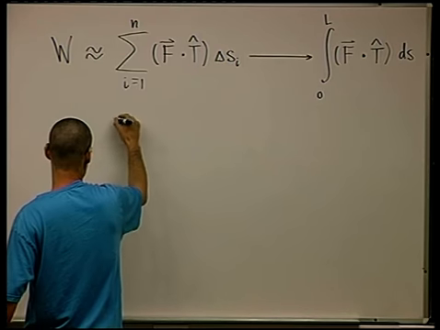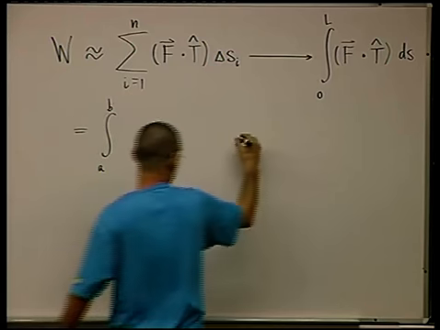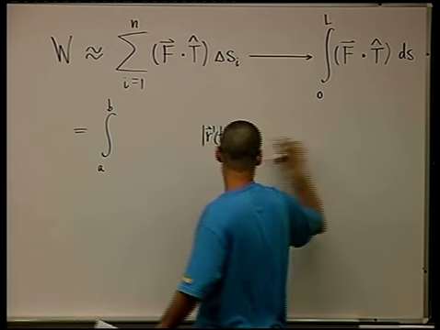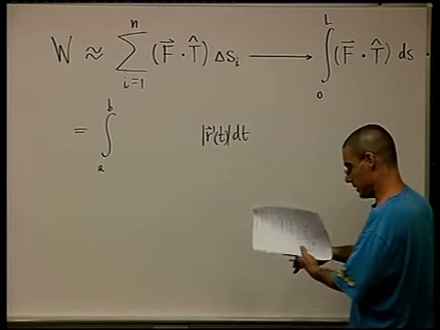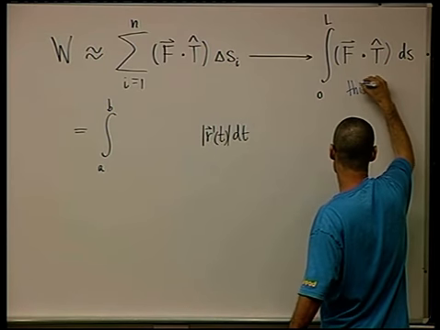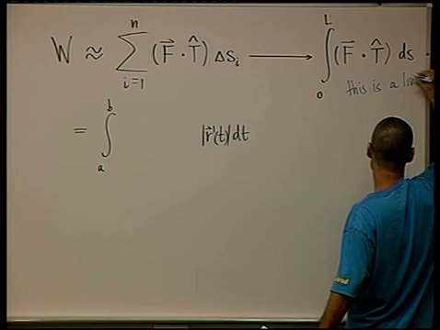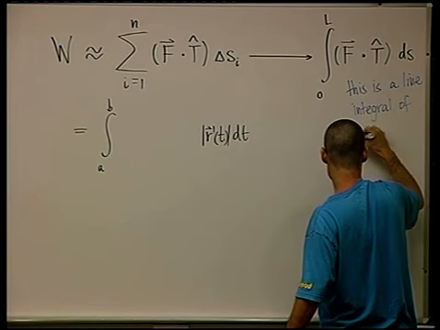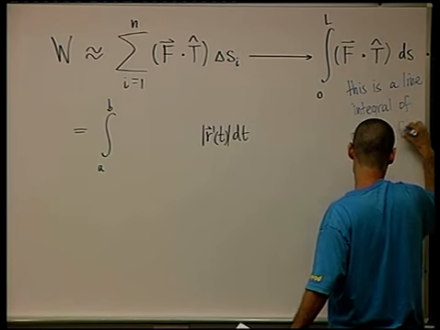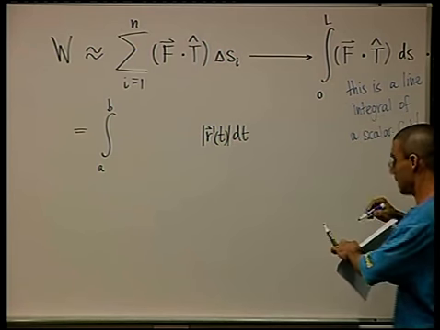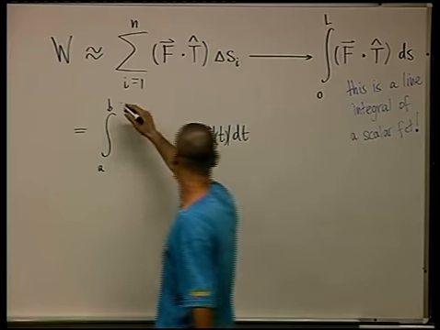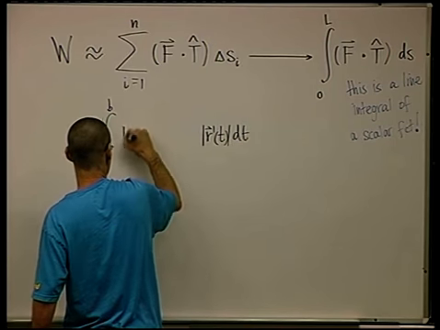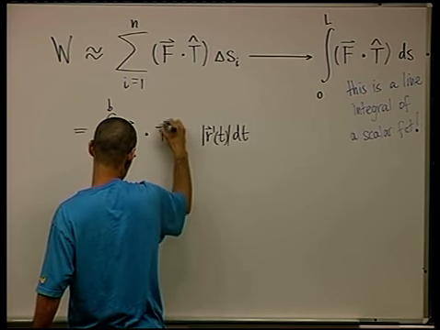This is a line integral of a scalar function, so we know it equals the integral from a to b, where ds becomes r prime of t dt, and then we have F dot T.